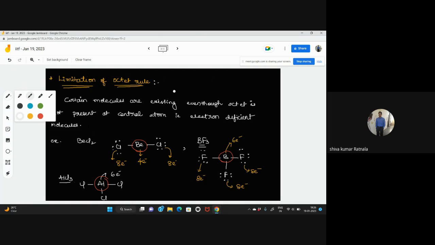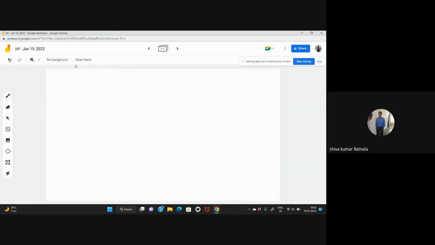In the same way, what we can say is molecules having more than octet.